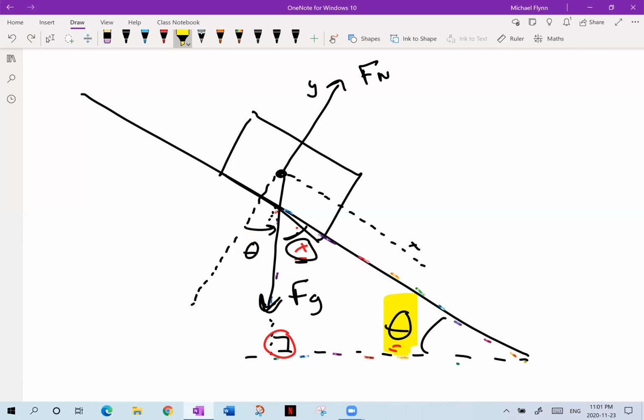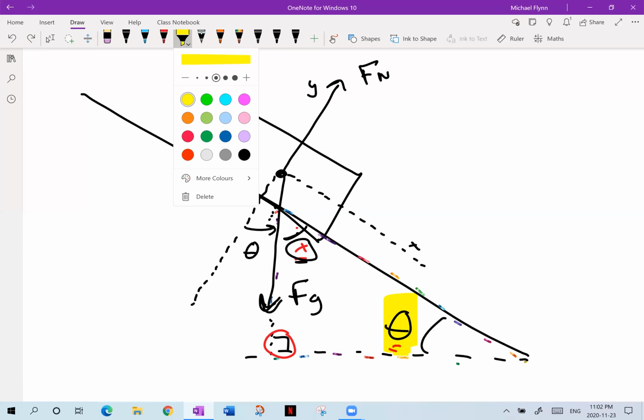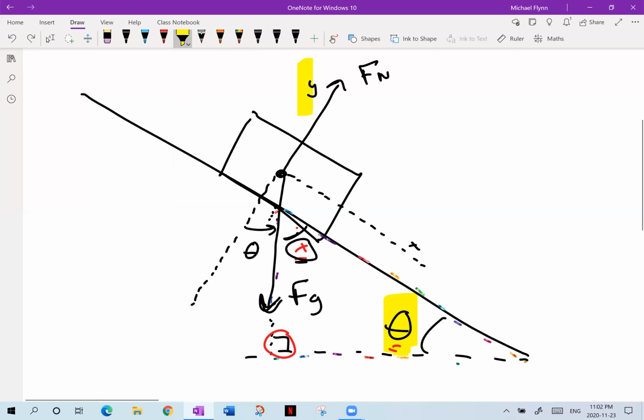Now, why is this important? Well, it's gravity that is off the axis. Remember our y-axis, the normal force is right on the y-axis. So here's our y-axis up here, okay? And the normal force that you see here is actually right on the axis, whereas gravity is not on the x or y axis. So this force of gravity down here is off axis.